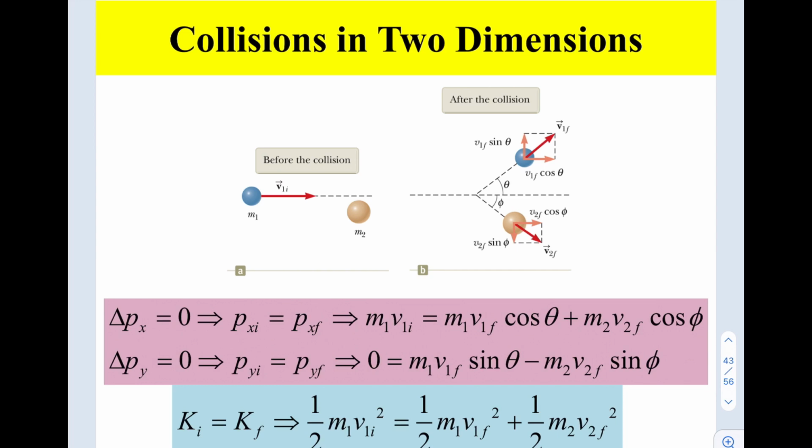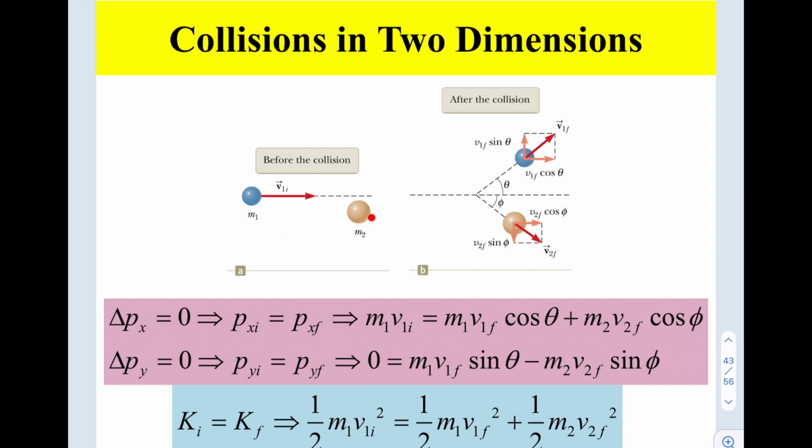Alright, now let's continue to collisions in two dimensions. When we talk about two dimensions, this is also a kind of glancing collision, whereby the V involved must be in components, X and Y at least. It might also be in the Z axis. Let's take a look at this diagram.